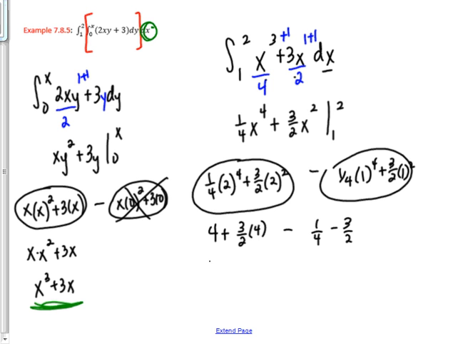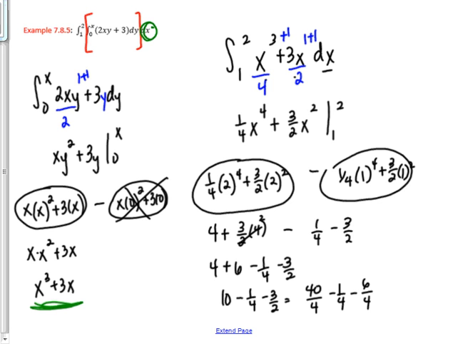So I got 4 plus 6 minus 1/4 minus 3/2. Alright, so that's 10 minus 1/4 minus 3/2. Or if I put everybody's denominators of 4, 40 over 4 minus 1 over 4 minus 6 over 4.